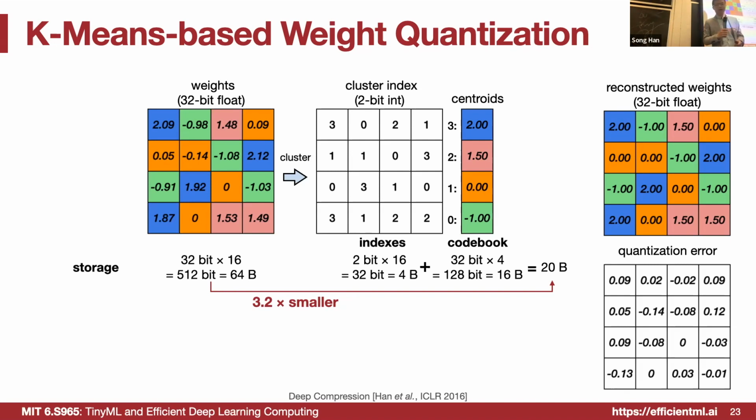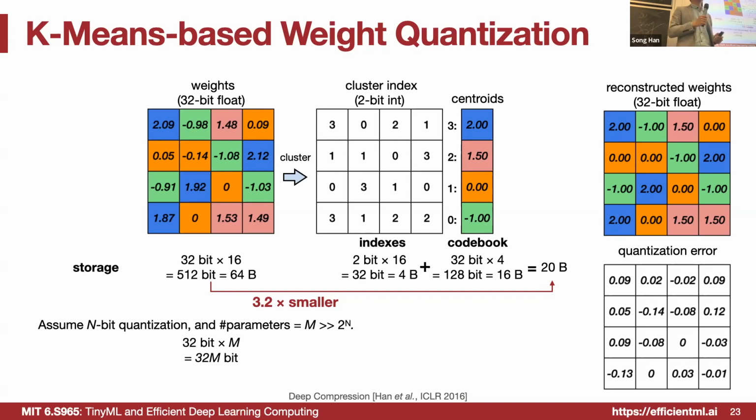Only 4 numbers. If the weight matrix is super large, then the number of parameters m is much larger than n, the number of bits. So 2 to the power of n, this 4, is the number of values in the codebook. So you have n m numbers... so altogether we need 32 m bits.